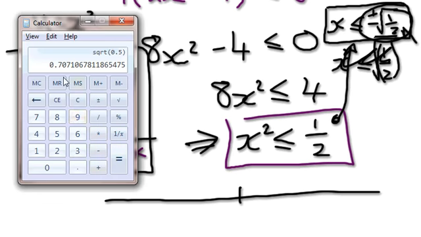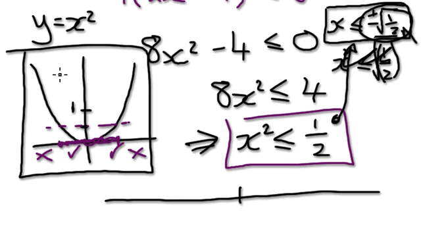So square root a half will give you 0.7. So you see this is an important point here. And by the way, I don't want to use 0.7. I'm going to use positive root a half. And the number 1 is here, so 0.7 is slightly less than 1, so it's going to be around here.